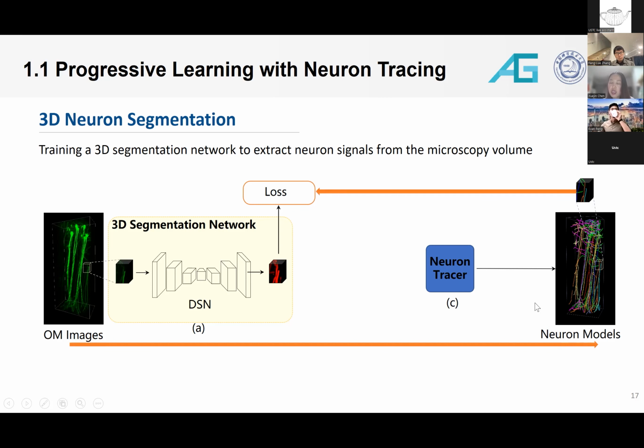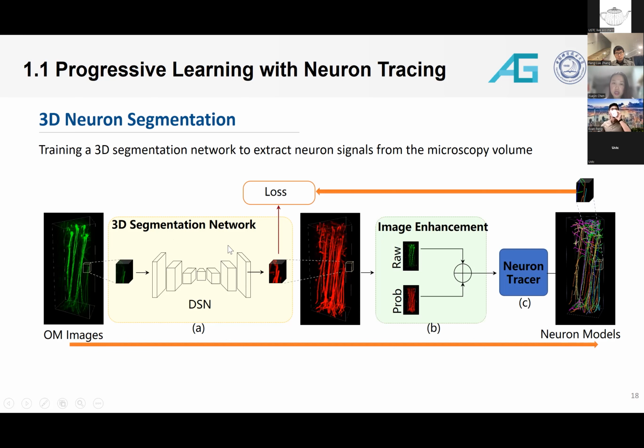labels are not perfect. But at the first iteration, we can train the segmentation network, then generate a segmentation model. Then we use the segmentation results to enhance the original image. Then we feed the enhanced images into the neural tracer again to generate better reconstruction results.